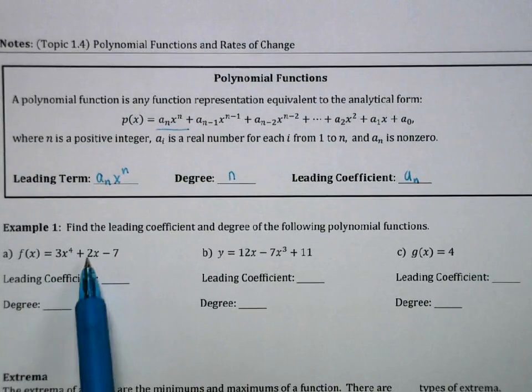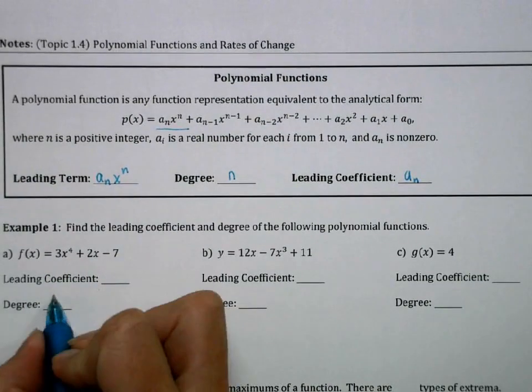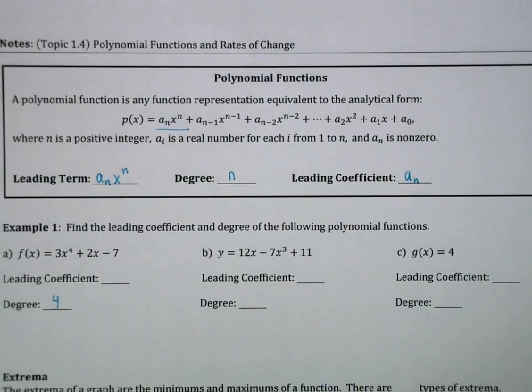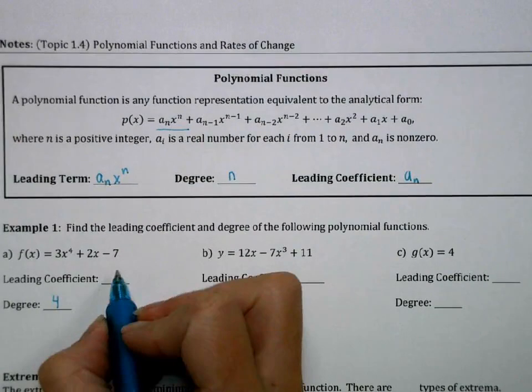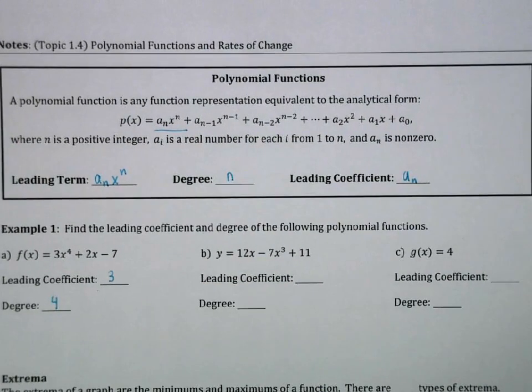So in this first one, my degree is going to be 4, because that's my highest power. My leading coefficient is the coefficient of that term, so we get a 3 there. The next one is not written in order, and you could write it in order if that makes more sense for you.